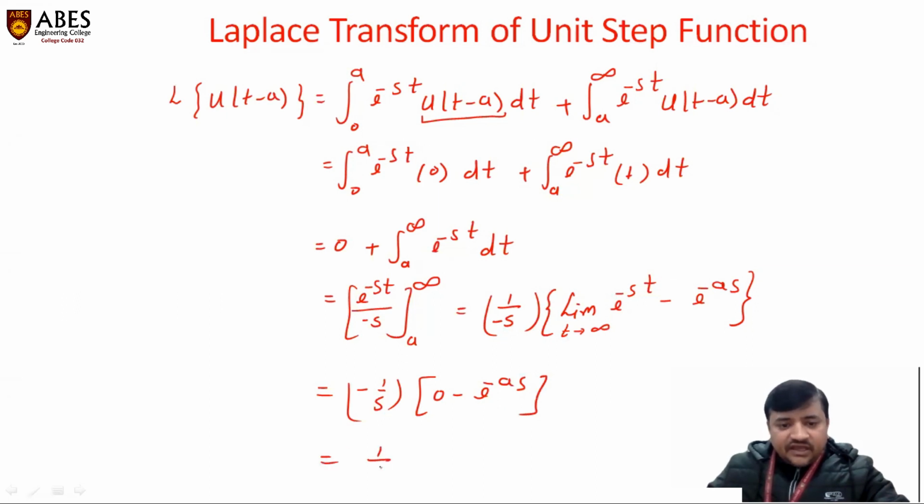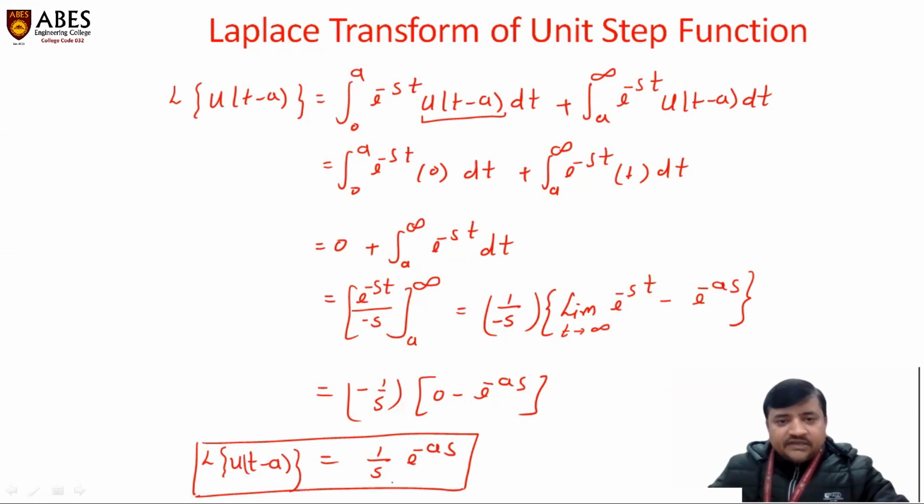And finally, we can get Laplace transform of u(t minus a) equals 1 upon s e to the power minus as. So this is the Laplace transform of unit step function.